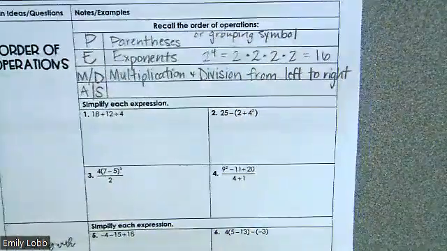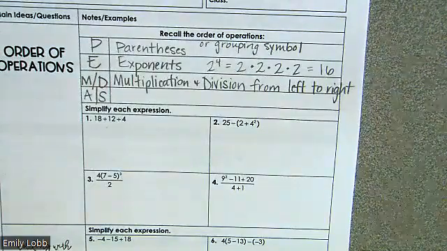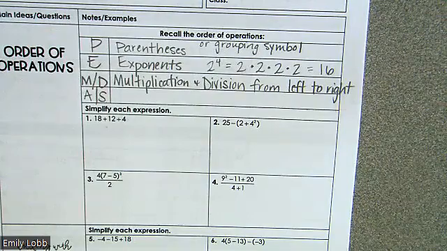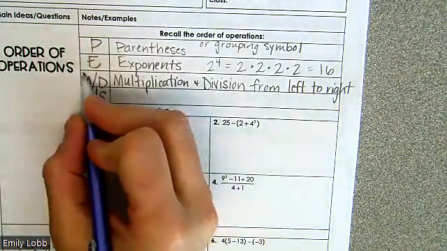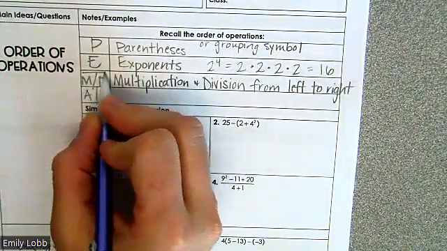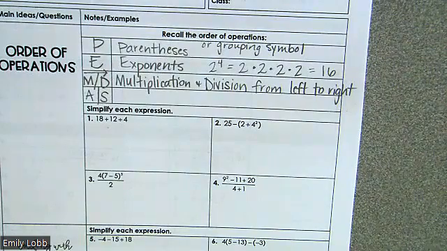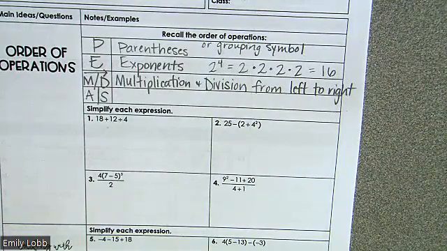If I have division first on the left, I would do the division first. Sometimes I show left to right by drawing an arrow that starts on the left and goes to the right. So M and D stand for multiplication and division from left to right.